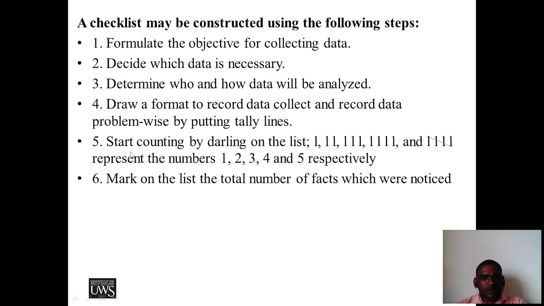Fifth, start counting by tallying, like 1, 2, 3, 4 lines, and then a cross line for the fifth, which represents 5 occurrences of the particular event. And sixth, mark on the list the total number of facts which are noticed.